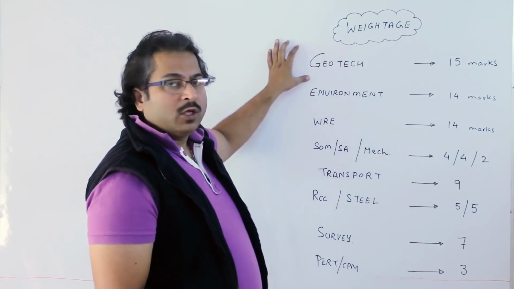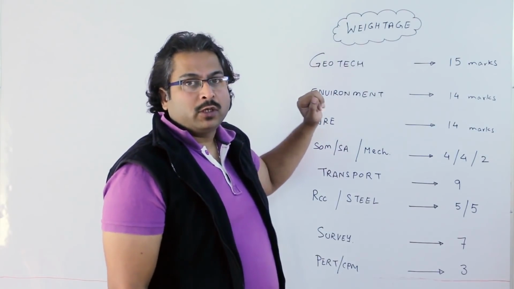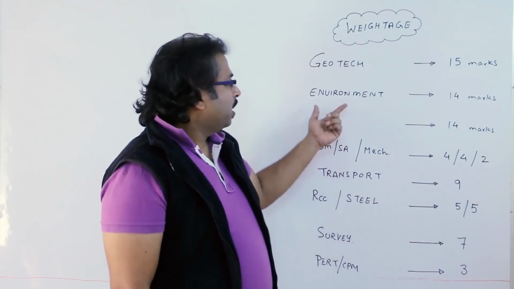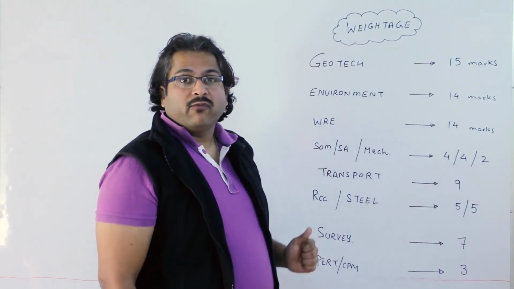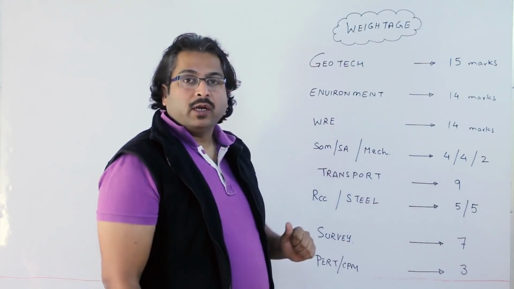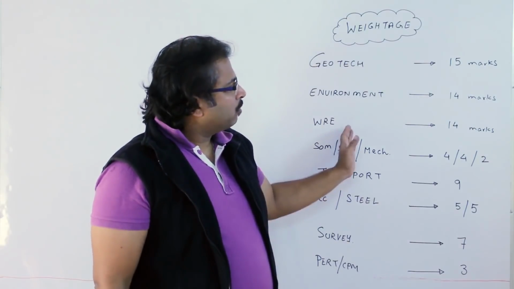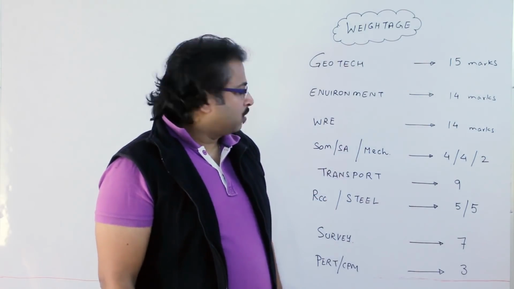So geotech, that is the soil and the foundation, carries nearly 15 marks. Environment carries 14 marks. WRE, that is fluid, hydro, irrigation, also carries approximately 14 marks.